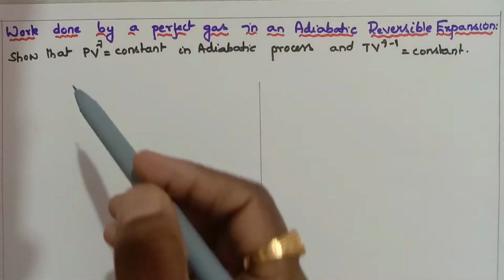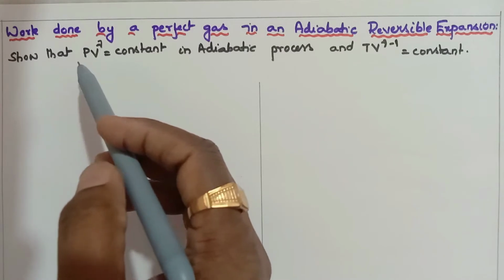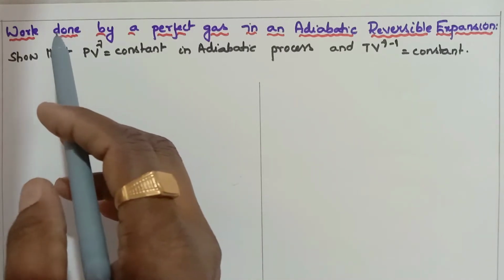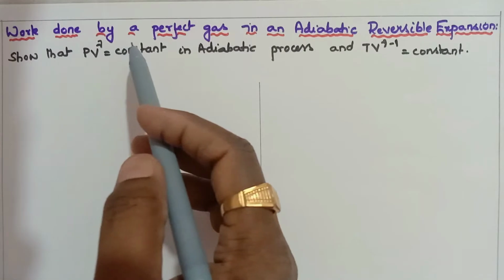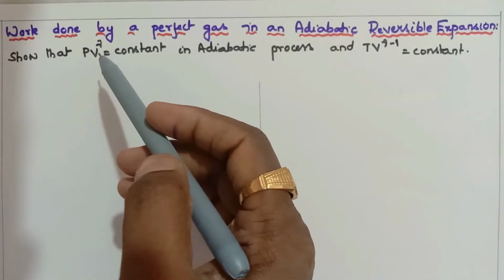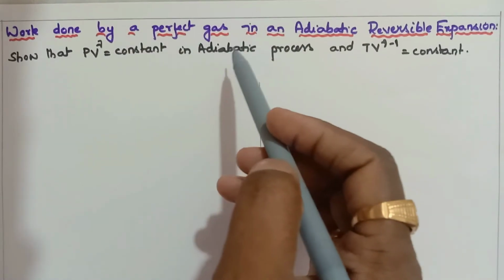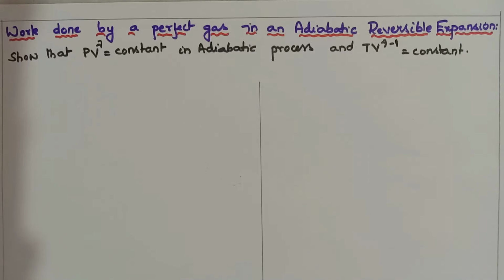So you have to be very careful when you get the question paper. There might not be this question, explain work done by a perfect gas in an adiabatic reversible expansion. There might be, how do you show that PV power gamma is equal to constant in adiabatic process? Then the same answer you are supposed to write.